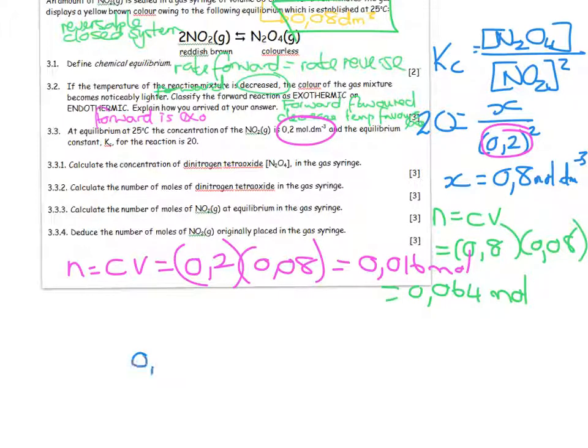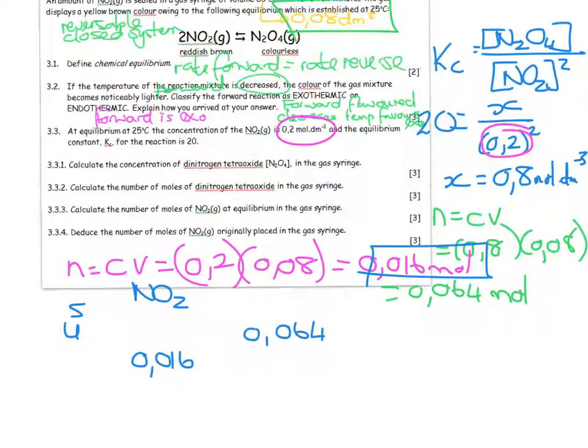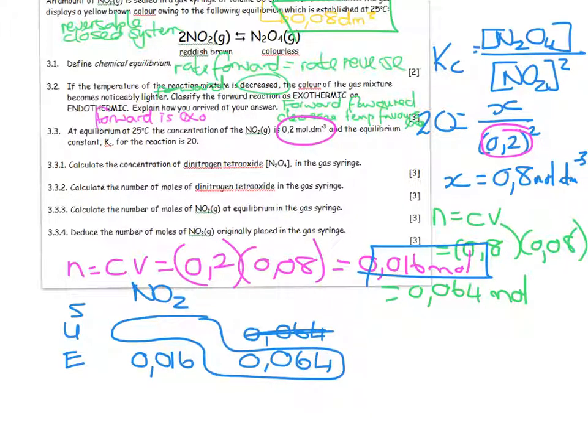Then if I draw up a little rice table on this, I find that I have at equilibrium 0,016 moles of NO2, and I had 0,064 moles of N2O4. So this is start, used, at equilibrium. Sorry, I'm lying about that. That should be at equilibrium. But I know there's a link between the used of the reactants and the made of the products.